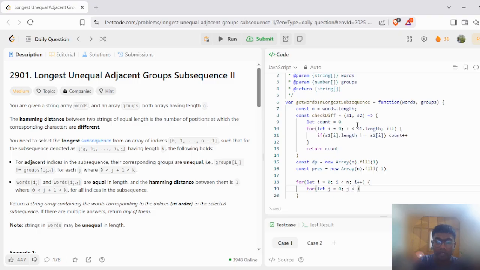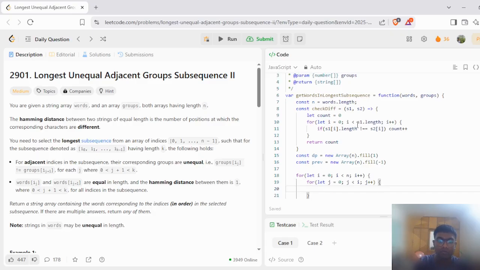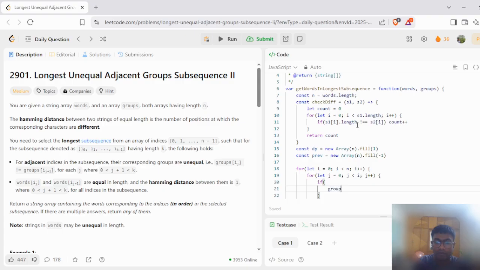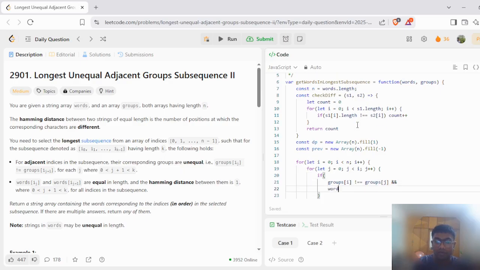This would be less than i, and firstly we check if the groups of i is not equal to groups of j, that is the previous string. Then we check the lengths of the two strings are equal.